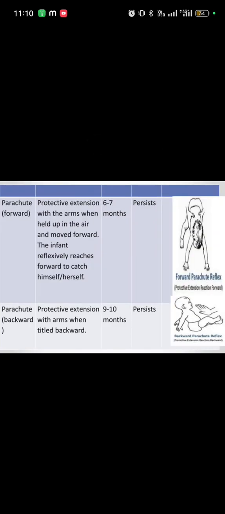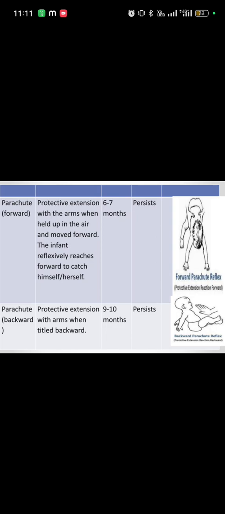Next, parachute forward. When held up in the air, the protective extension of the arms moves forward to catch something. That is called parachute forward.